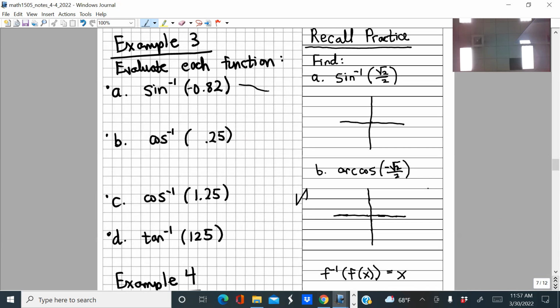Okay, so just try these. There's at least one tricky one in here though. You'll probably get your calculator to explode on one of these.